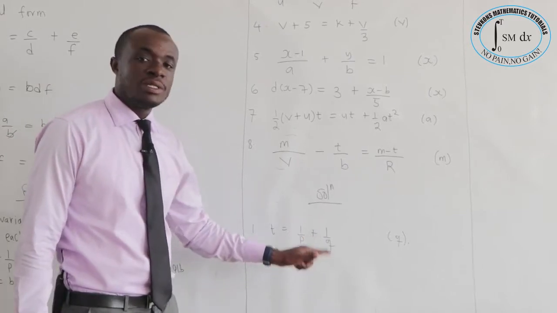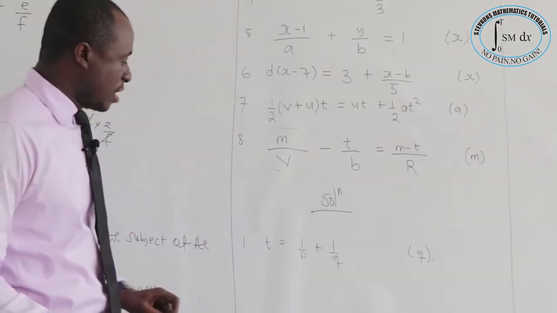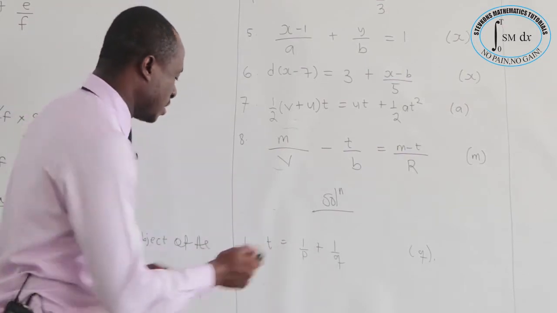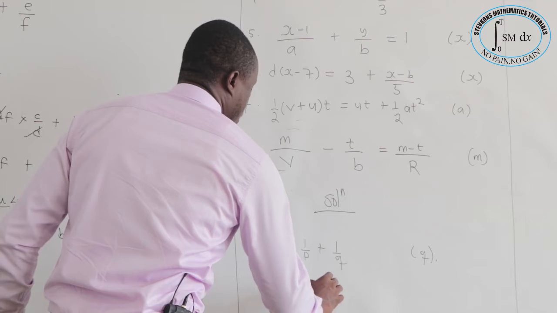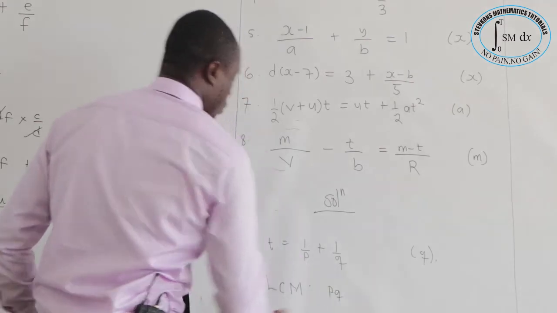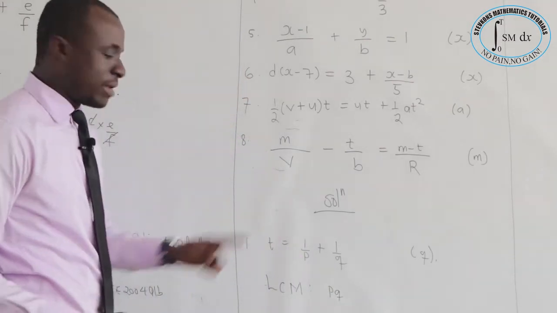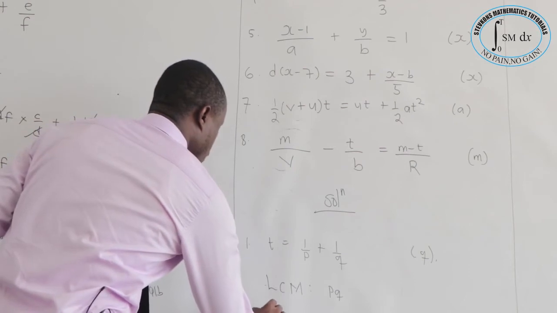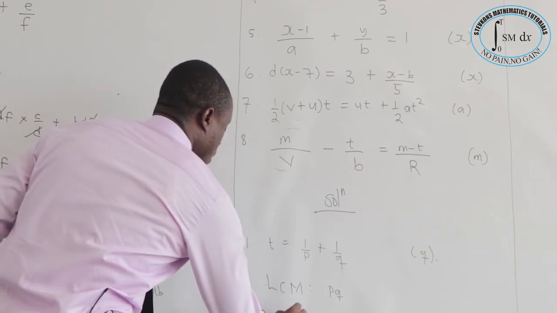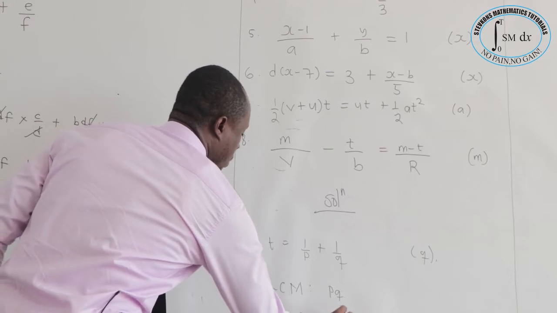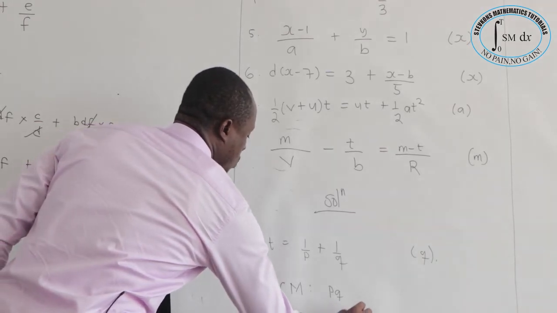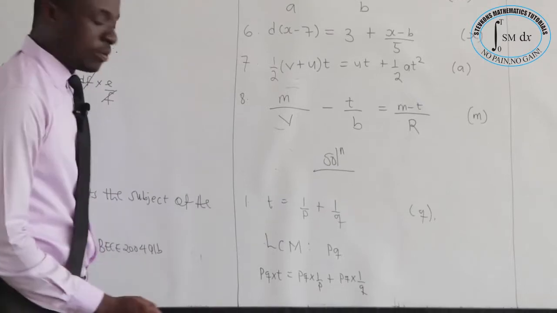So our LCM is the multiplication of the denominators. So clearly our LCM is PQ. So you multiply each term by the LCM. So the first one, PQ times T equal to PQ times 1 over P plus PQ times 1 over Q. What do we see?